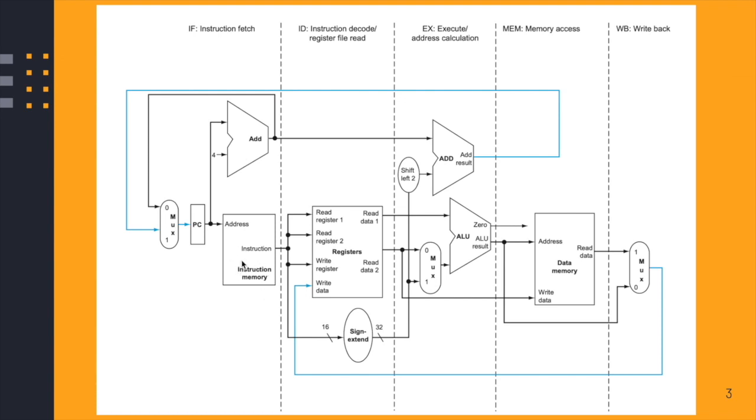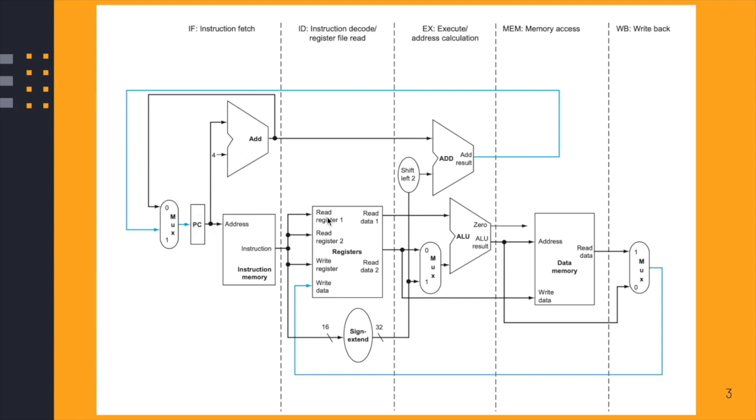So we finished the instruction fetch stage, which is getting the instruction I want to execute from the instruction memory. Then we move on to the second stage, which is the instruction decode and register file read. The main component present in this stage is the register file. What is the register file? It contains all of our registers except the program counter, because the program counter is a separate register.